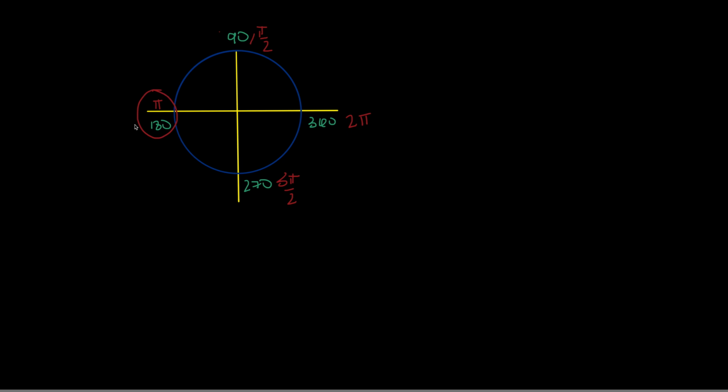And what I'm going to use is this nice relationship here. This is just like basic unit conversion. So 1 pi equals 180 degrees. And I could use this idea to convert back and forth.